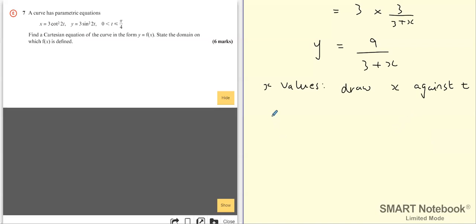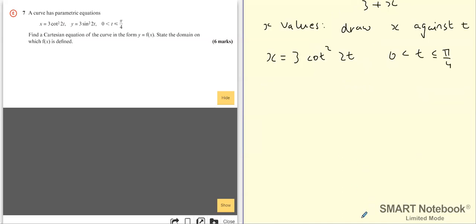Right, let's have a look. So now what we need to do is sketch x equals 3 cot squared 2t between the limits of 0 and pi over 4. I don't want to do that in one go. I want to do it step by step until I build up to the full transformation.